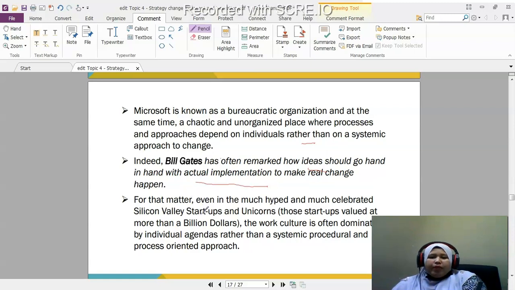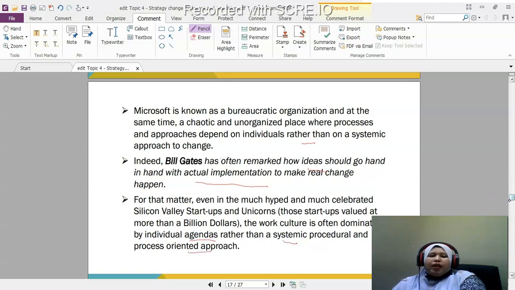For that matter, even in the much hyped and much celebrated Silicon Valley startups and unicorns, startups valued at more than $1 billion, the work culture is often dominated by individual agendas rather than a systemic, procedural and process-oriented approach.